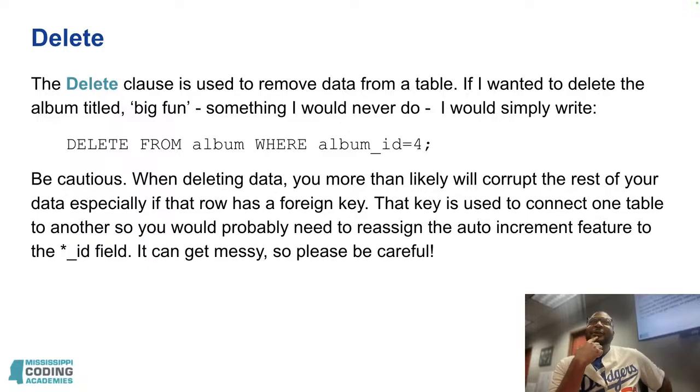That man was on something else right there, literally and figuratively, when he made Big Fun. Any rate, I would simply write delete from album where album ID is equal to 4, because that's the ID for that particular album, and it will delete it.